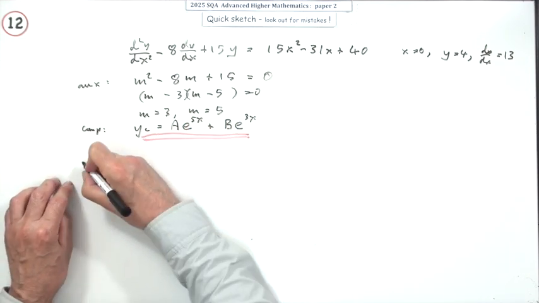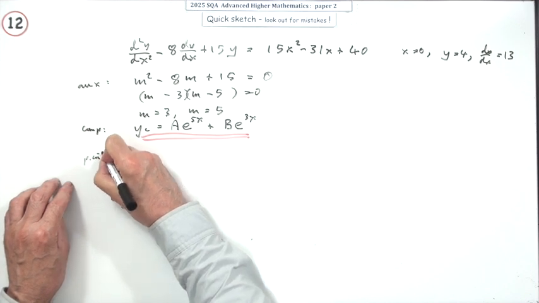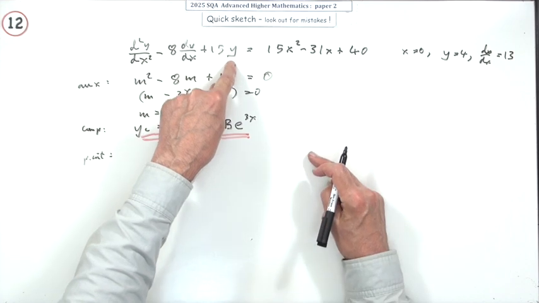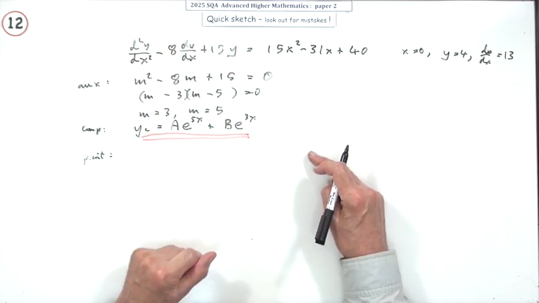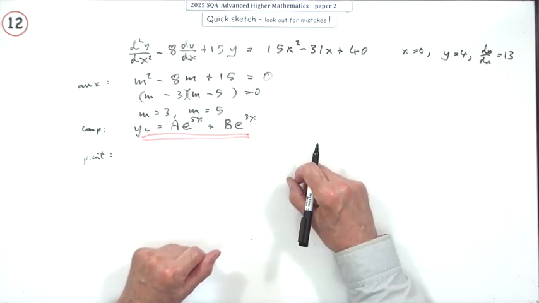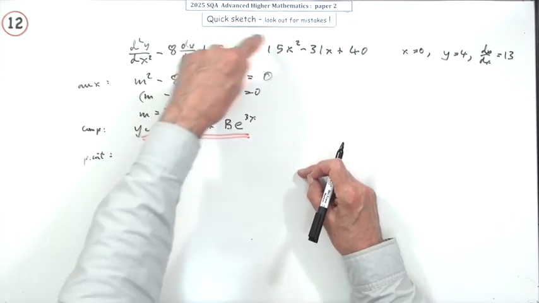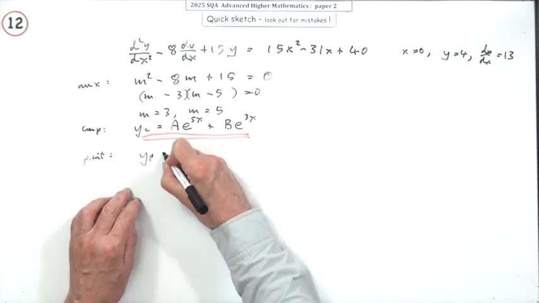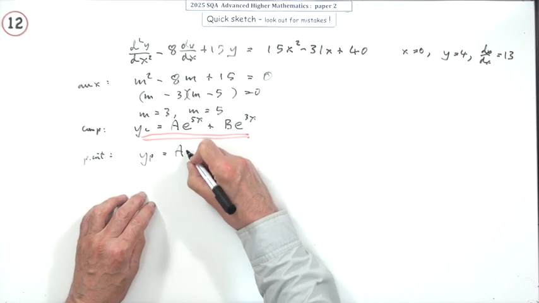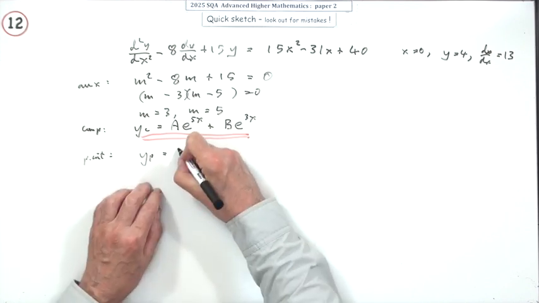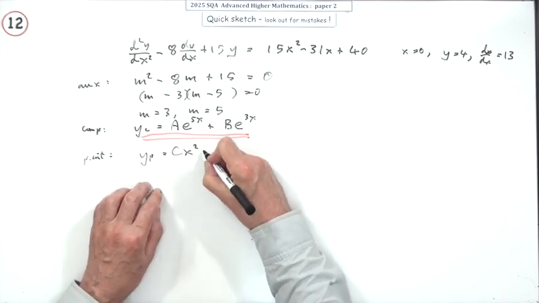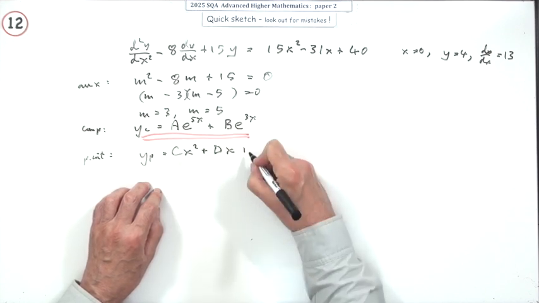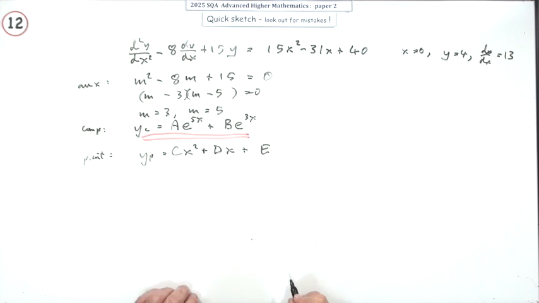Right, next, what's the particular integral? In other words, what kind of function would, if you kept it and then added on its various higher derivatives, produce something like this? Well, it'd have to be something like that, because there's not going to be any higher power than that. So my particular integral will be, we've used a already, some lots of x squared plus some lots of x plus a constant: cx squared plus dx plus e.